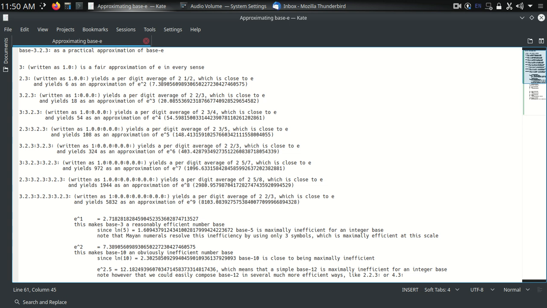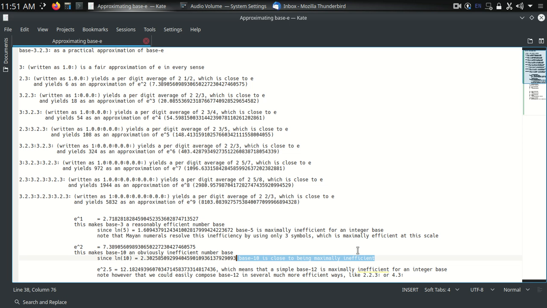And note that base 20 is exceptionally close to E cubed, and that 3 symbols is exceptionally close to E. So their numeral system is objectively, in some specific ways of thinking about it, massively more efficient than base 10. Particularly since base 10 is close to being maximally inefficient, and it's also the way we use it.